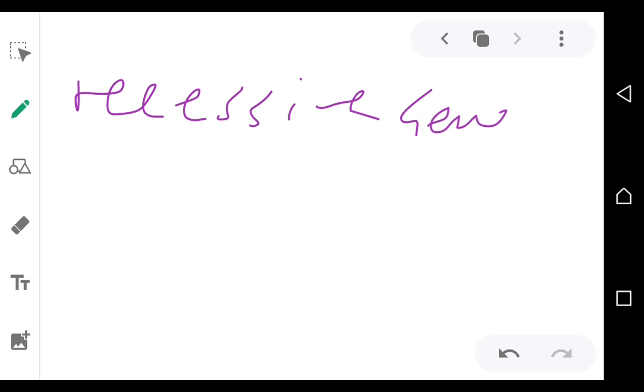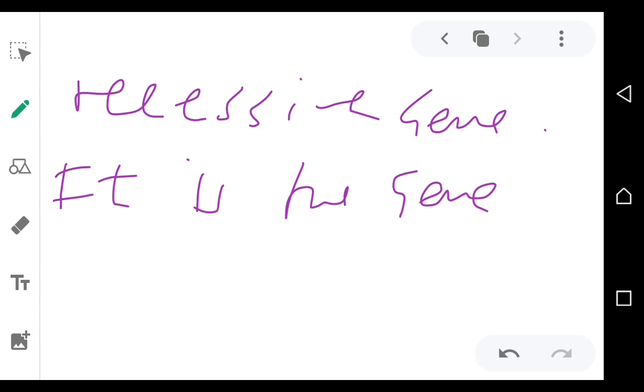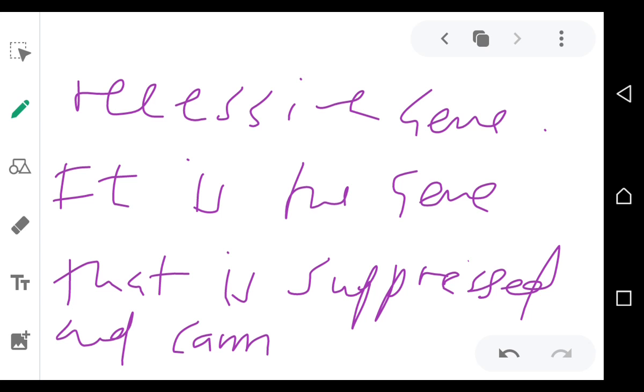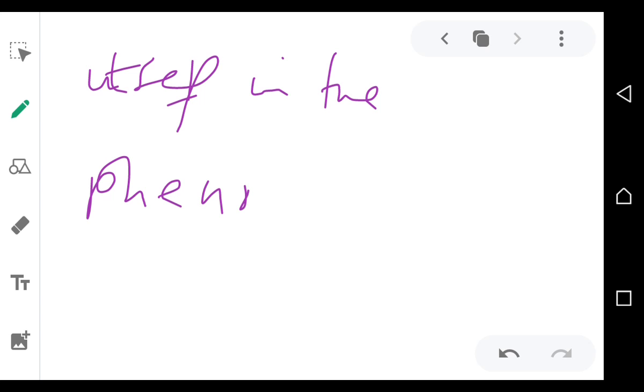A recessive gene is a gene that is suppressed and cannot express itself in the phenotype.